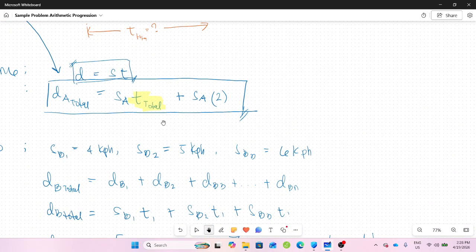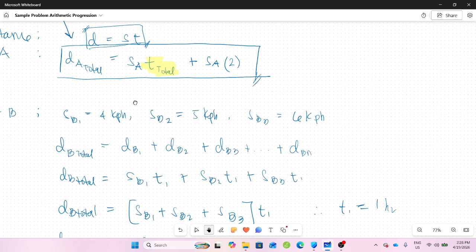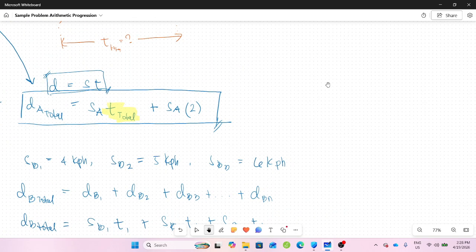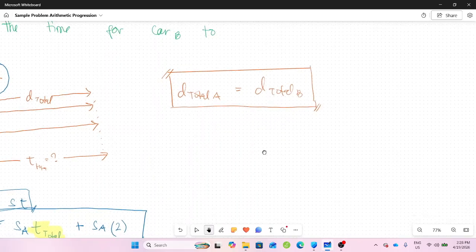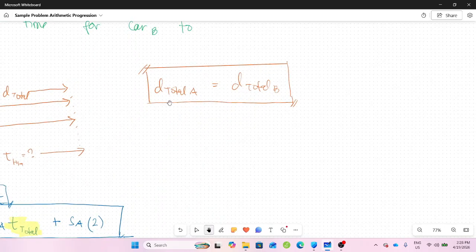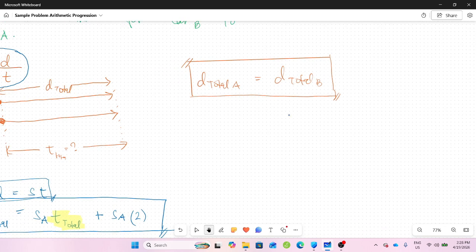this is our equation. Okay, so earlier I said that the condition for this problem is that the total distance traveled by car A must be equal to the total distance traveled by car B. So we're going to use this equation, and just simply substitute the equations that we derived earlier. So for d total A, we're going to use this one.